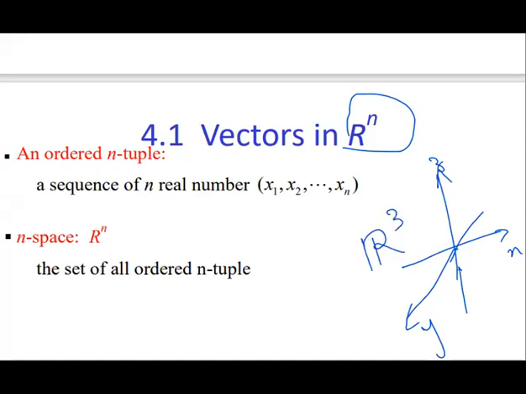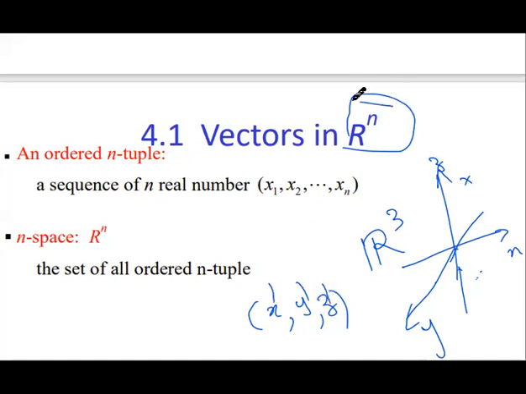Now if you consider any point in this space R3, you can write it this way: x, y, z. This is an element of this set. This set is the whole 3-dimensional space, so it has 3 components.